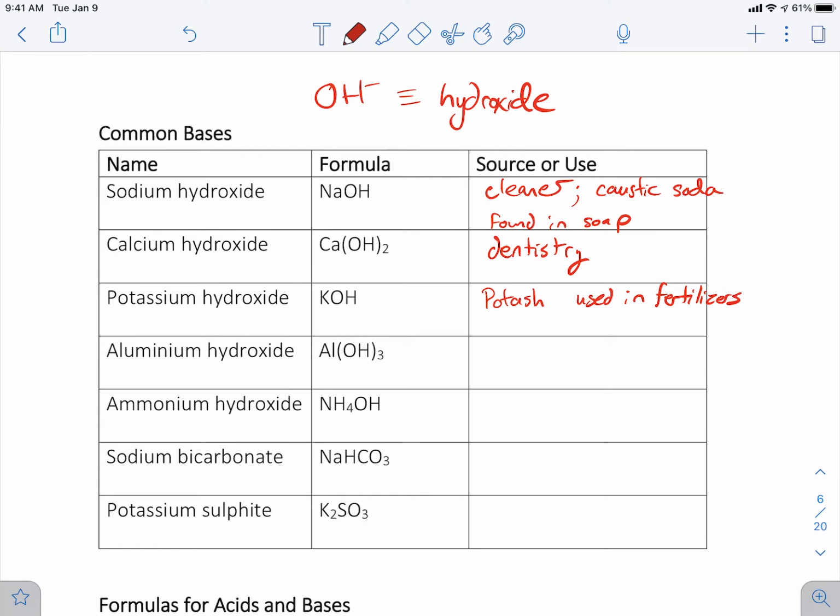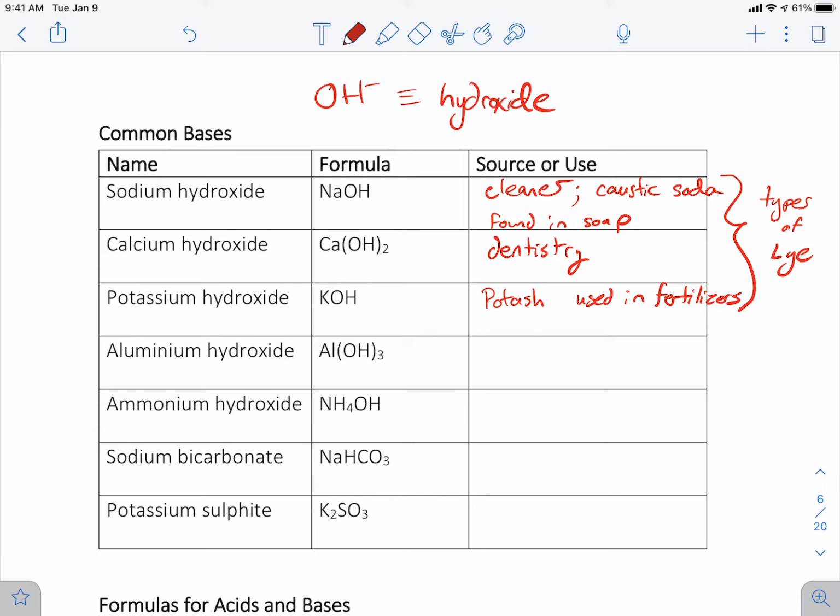And that will help some plants grow really well, and then other plants will grow better in a basic environment, so we might add some potash. These are also considered types of lye. So these are some of the old names, types of lye, or common names of these chemicals.